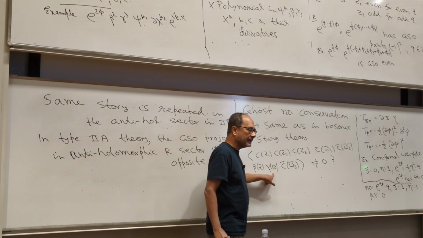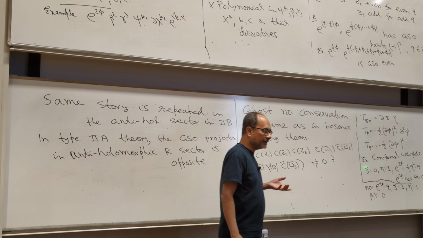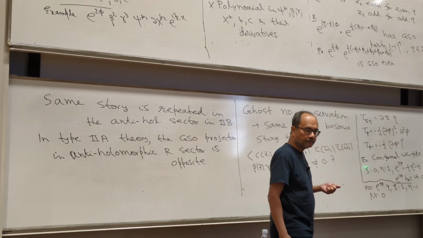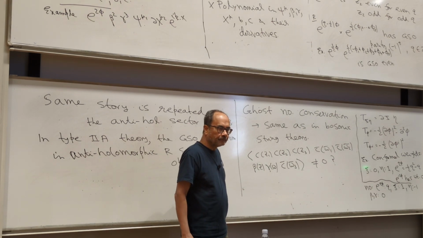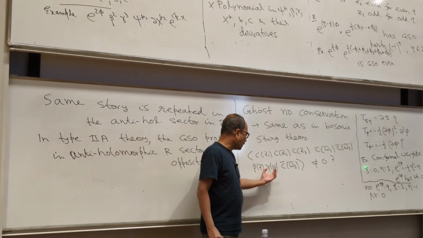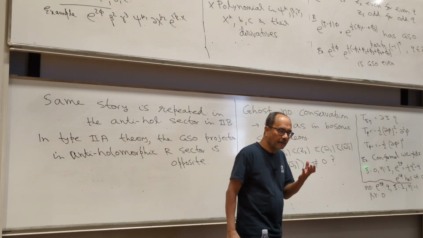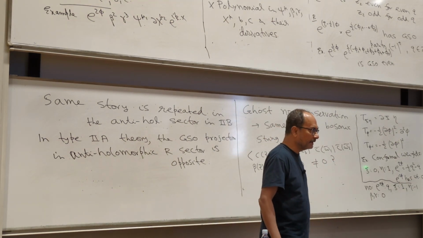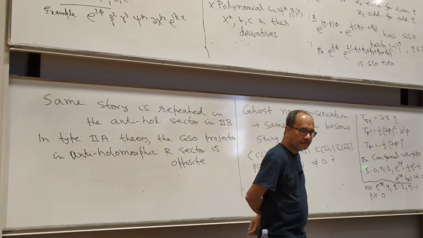It has a single pole at z equal to w, but as z goes to infinity, it is supposed to fall off as z to the minus 3, because beta has conformal weight 3 half, right? So as z goes to infinity, it is supposed to fall off as 1 over z cube, right? But that's not possible because it has a single pole. You can easily convince yourself that if you have a function with a single pole, and no other singularity, it cannot fall off as 1 over z cube as z goes to infinity.